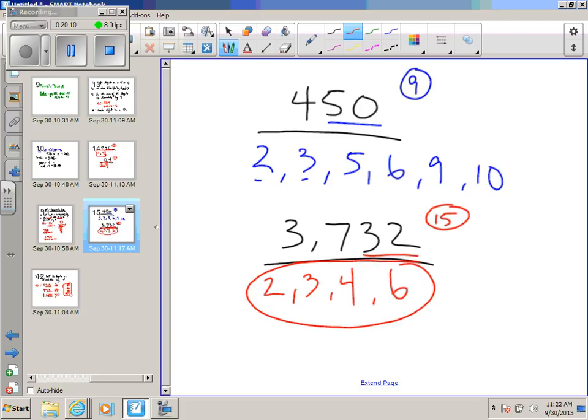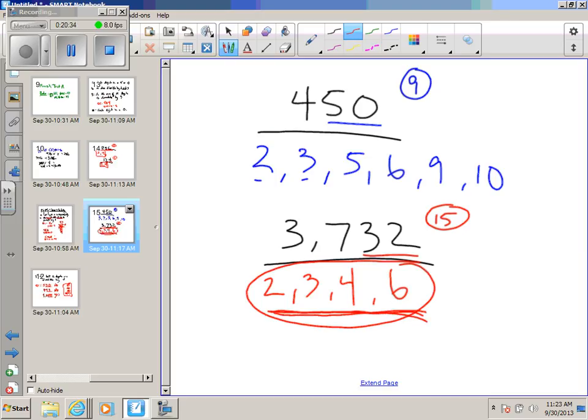What are the most common mistakes you think people make? Well, do you think you're more likely to put numbers here that shouldn't be there? Or are you more likely to not put numbers there that should be? You're more likely to not put numbers.